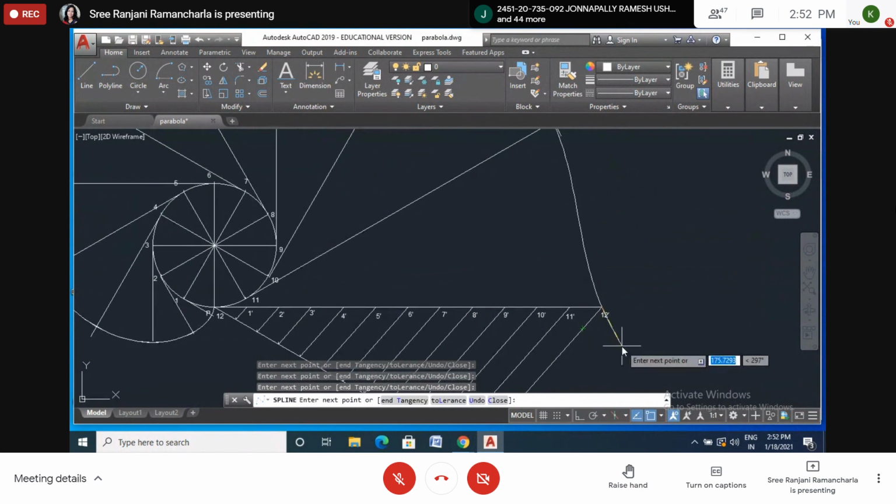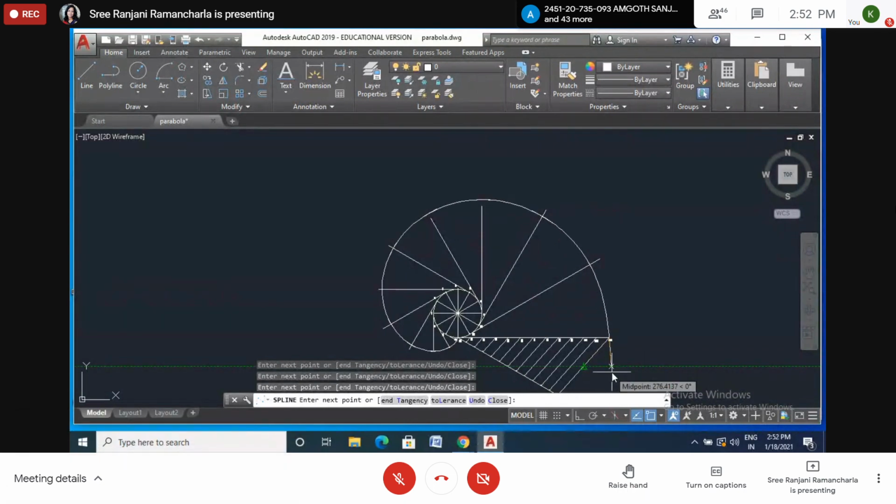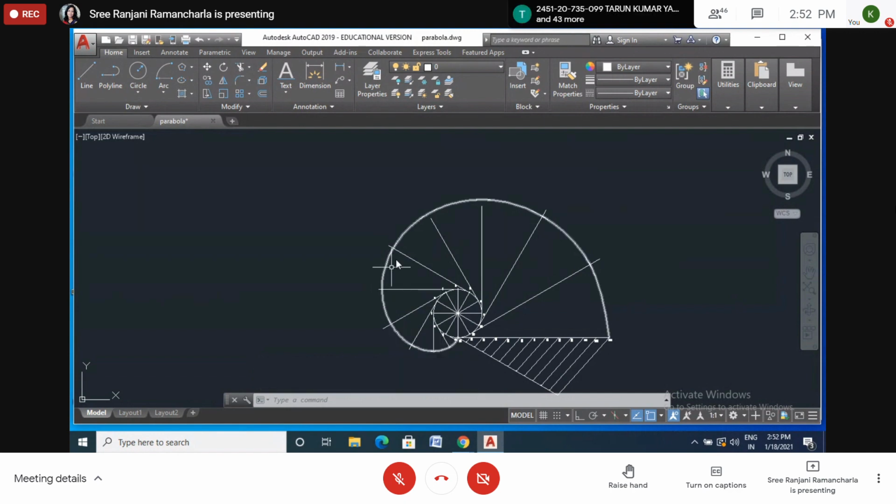Please make sure that the flow of this curve, the end of the curve, don't make it like this or like this. Just keep it this way. Then enter. So this curve is the involute of a circle. So here I will make it a thick line, not now, later on.